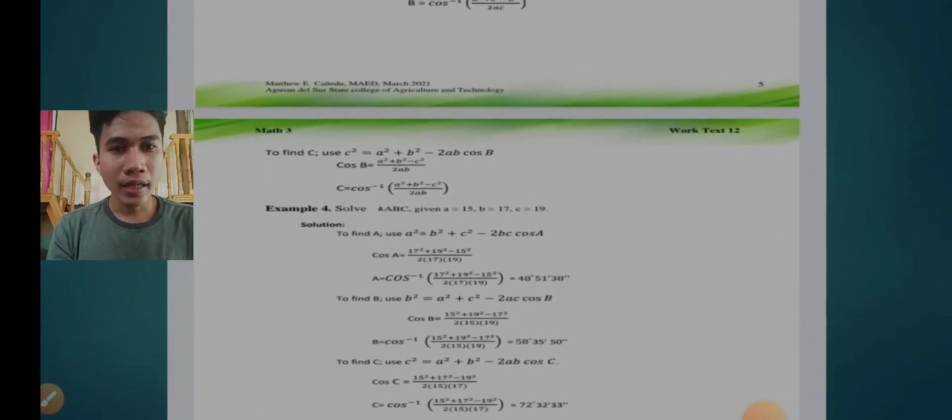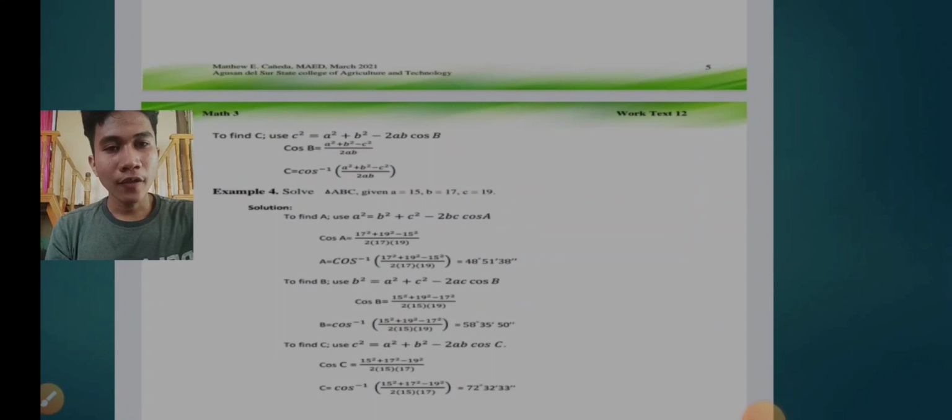The last angle is angle C. To find angle C, we can use the formula c squared is equal to a squared plus b squared minus 2ab cos C. So cos C is equal to 15 squared plus 17 squared minus 19 squared over 2 times 15 times 17.